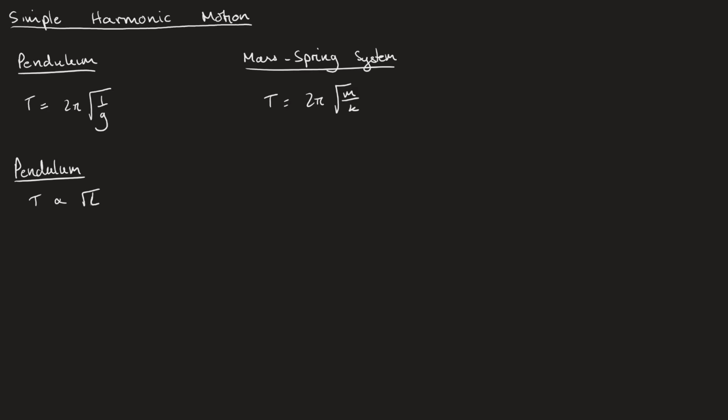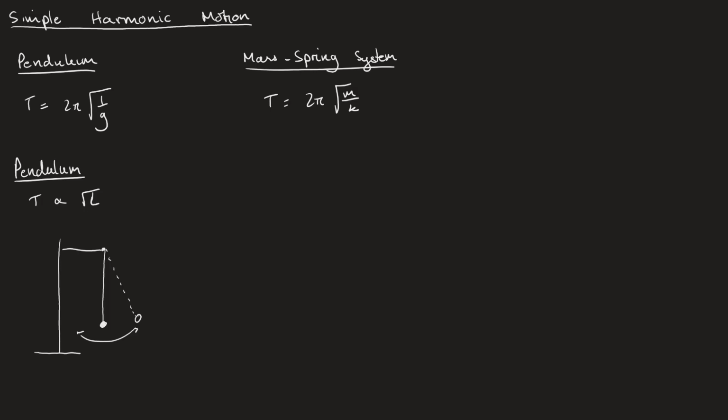So our setup, first of all, is going to be a clamp stand. So we're going to have a clamp stand here like this that is going to hold a piece of string, and the piece of string is then going to be connected to a bob, and we're going to push it to one side and then allow it to swing and measure the time for these oscillations.